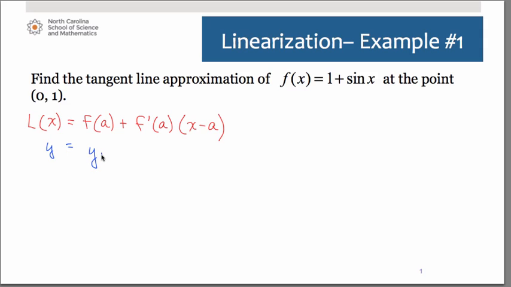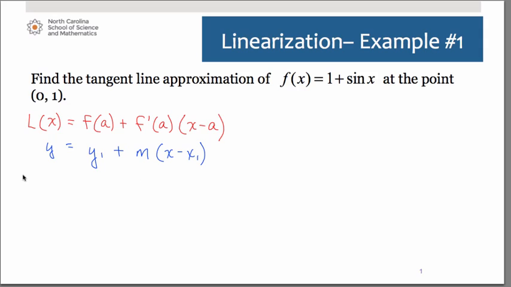So if you simply add that y1 value over to the right, it now is y1 on the right, plus, remember, slope is really your derivative value times the quantity x minus x1. So really all that linearization formula is simply a restatement of the point slope form of a line.